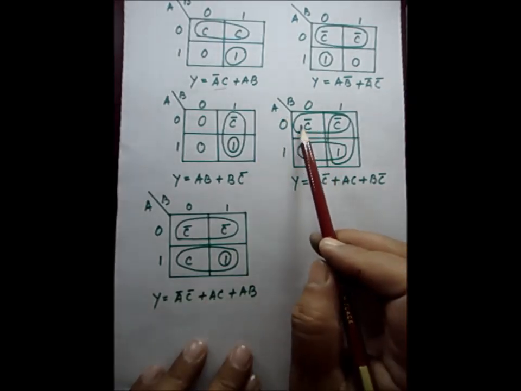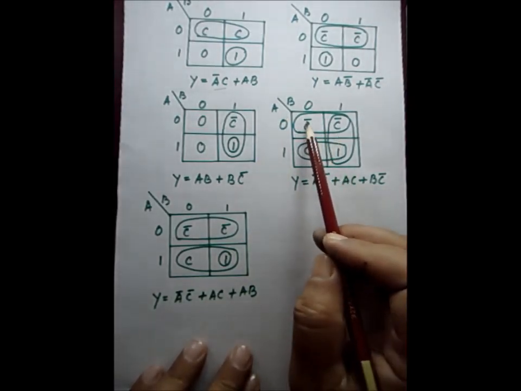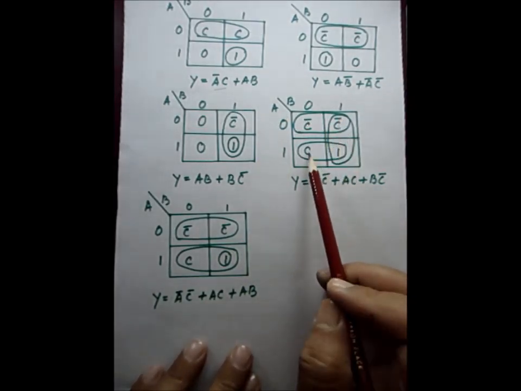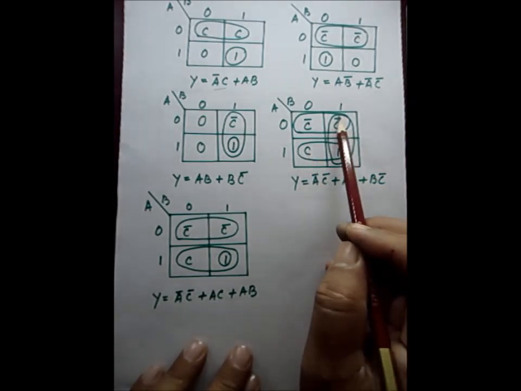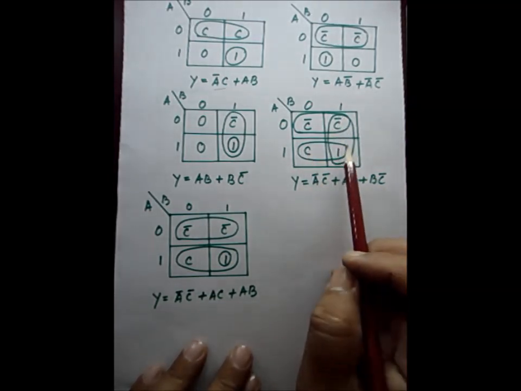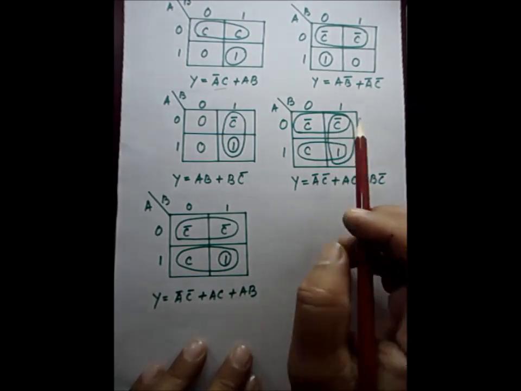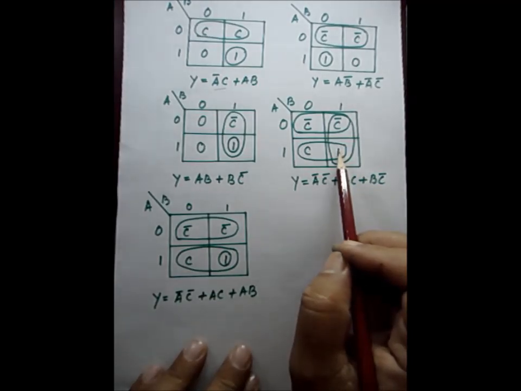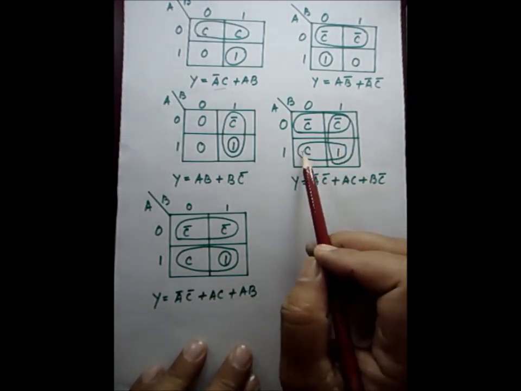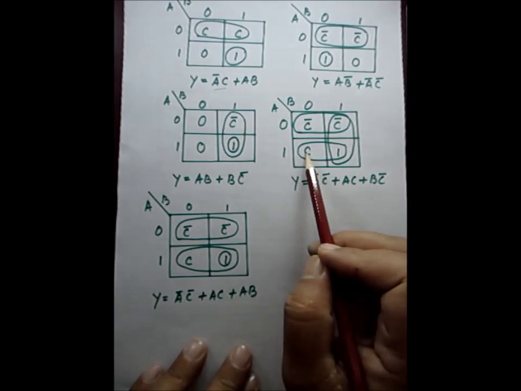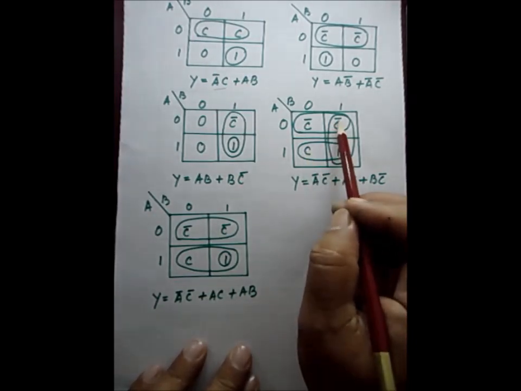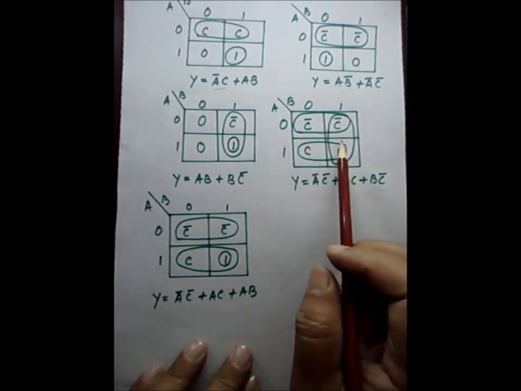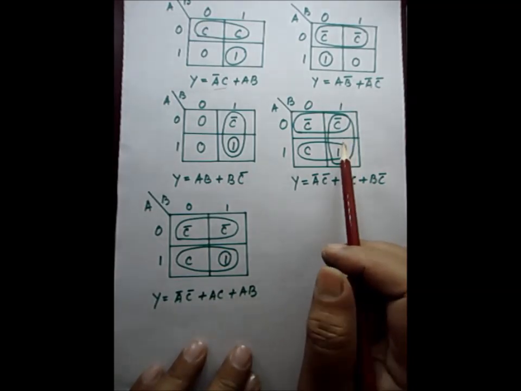Therefore, three groups: one is C bar, C and 1, and C bar and 1. Now, in this particular case, 1 is not required to be grouped again, because 1 is included in one grouping for C and another grouping for C bar. That is one of the important things in entered variable.